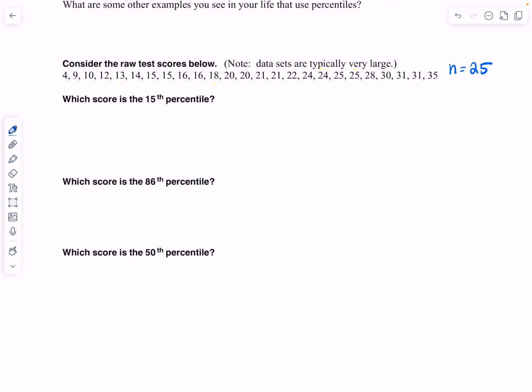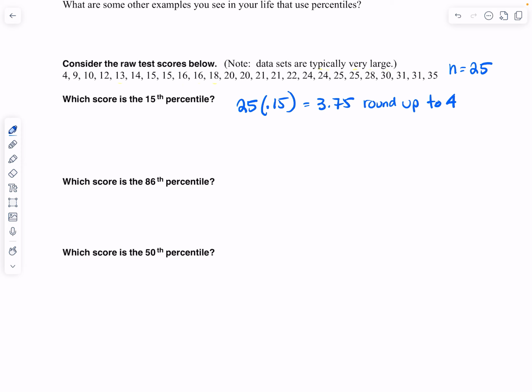Which score is at the 15th percentile? I'm going to take 25 times 0.15, and when I do that, I get 3.75. I'm going to round up to 4. By the way, you always take the next one up.